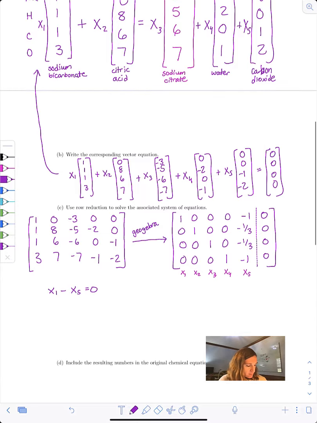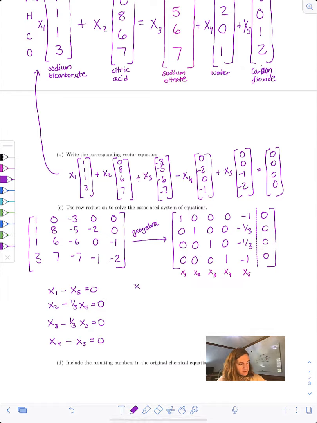And the second row corresponds to x2 minus 1/3 x5 equals 0. Then we have x3 minus 1/3 x5 equals 0, and x4 minus x5 equals 0. So we have x1 equals x5, x2 equals x5 divided by 3, and so on. x3 equals 1/3 times x5, and x4 equals x5.